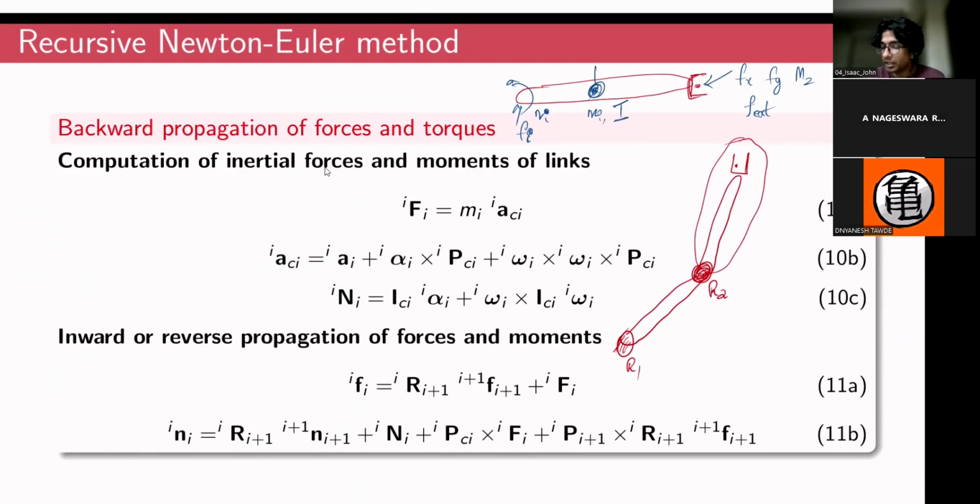So if you consider the force balance of the very final link, what are the forces that are acting on the link? The net forces acting on this rigid body would be obtained by this force balance equation. This is nothing but the Newton's equation.